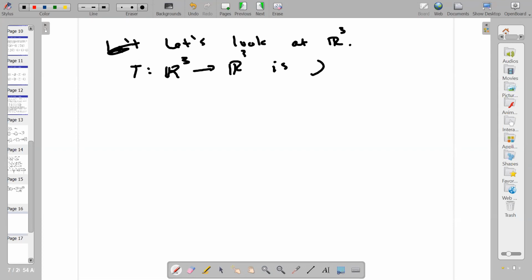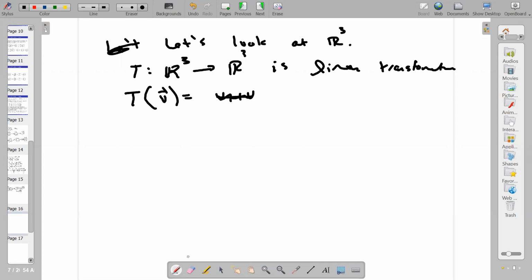So this is a linear transformation, and I'll give you a formula for it. Maybe T of a vector V. If it goes from R3 to R3, I need to have some... so let me do it this way.